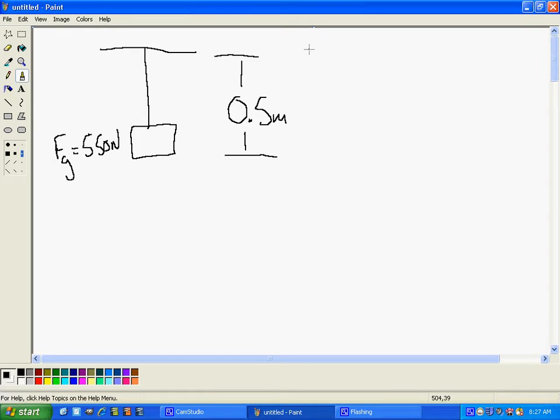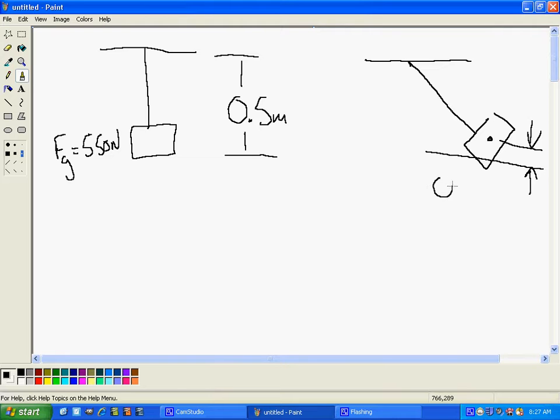Now, the swing is pulled back such that the center of gravity of it is approximately 3 meters above its original position.